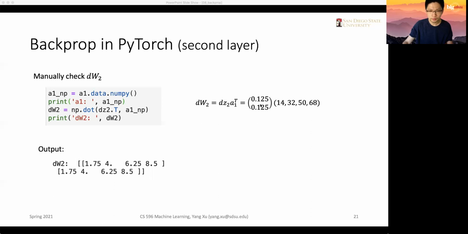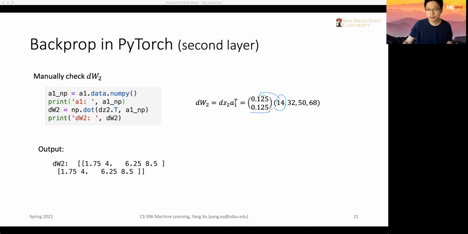Oh, you mean the multiplication is not correct? No, it should be correct, I just couldn't understand it. When you multiply 14 with 0.125, and then 32 with the upper 0.125, I thought we need to multiply with the lower one.